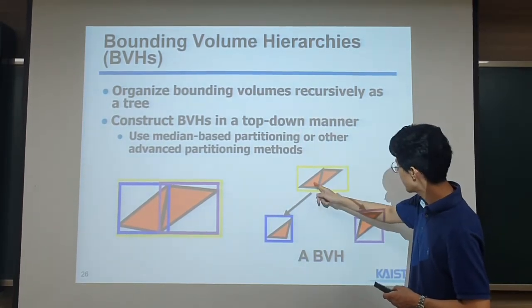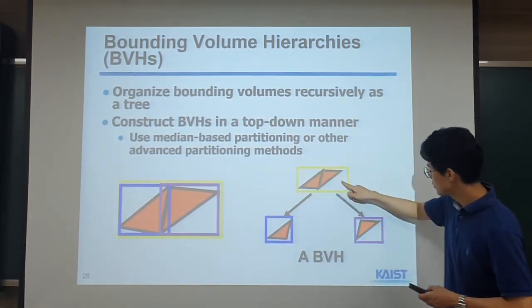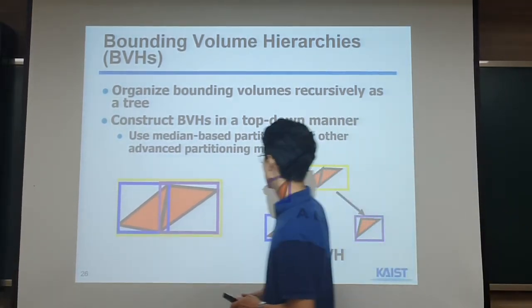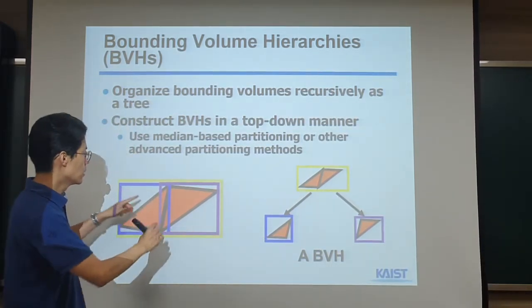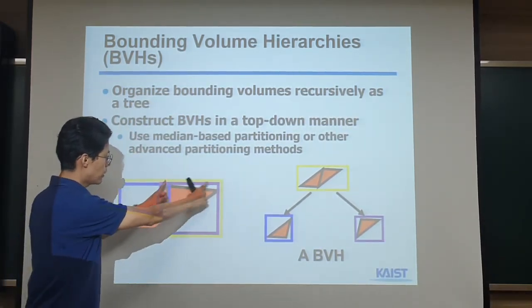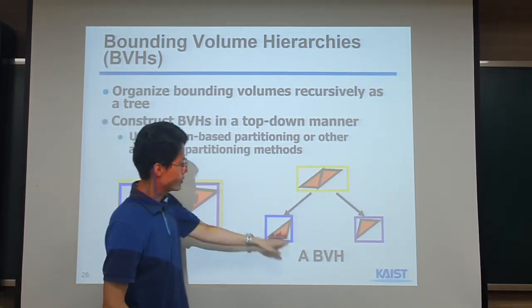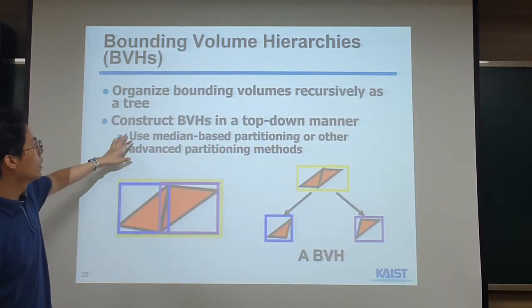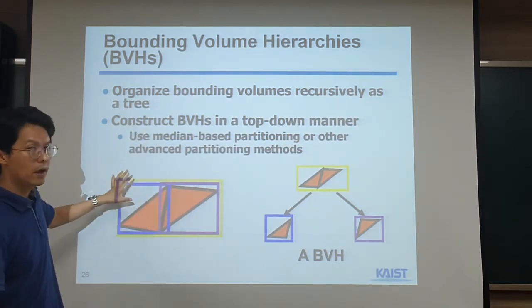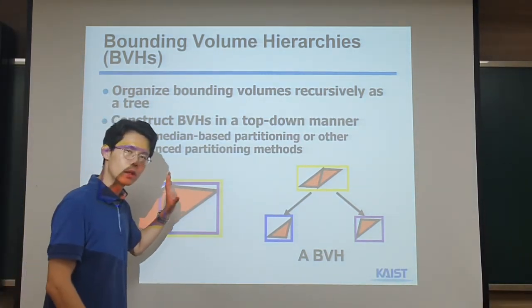In this case, this triangle goes to the left, and this triangle goes to the right. Then we compute another bounding volume out of each triangle, which gives us a tighter bounding volume, and we treat those as the left and right nodes, right?